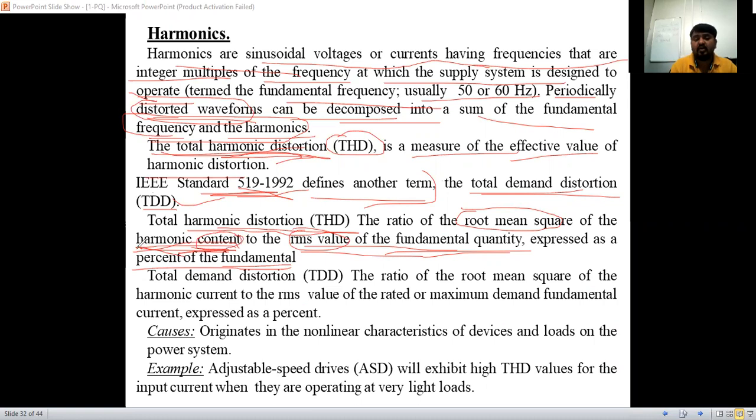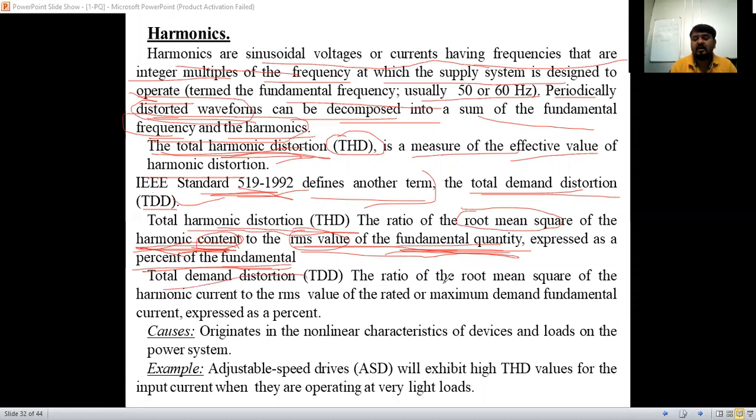They are telling it in general: the RMS value of the harmonic content to the RMS value of the fundamental quantity, expressed as a percentage of the fundamental. But by considering current or voltage exactly, the same definition applies and we can add current or voltage in the content place.